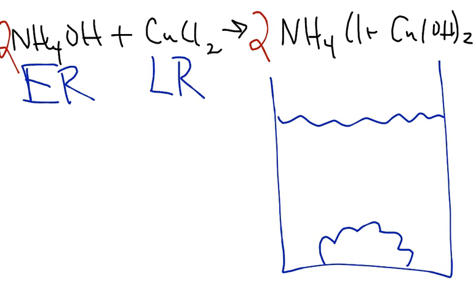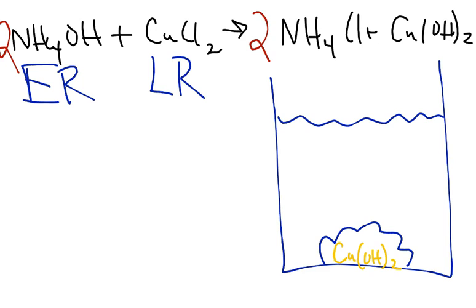Okay, the first thing that you should have known is that the precipitate is copper 2 hydroxide. Hydroxide is always insoluble except for certain things, and copper is not one of those. All right, then we need to find out what is present in a large amount.